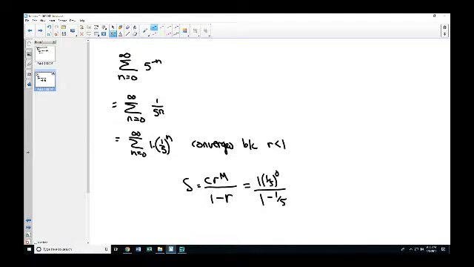And that's 1 over 4/5. So 5 over 4. Good work. There's your sum. So that's the upper bound of that geometric series. Geometric series, again, are very unique in the fact that we can actually calculate that number.